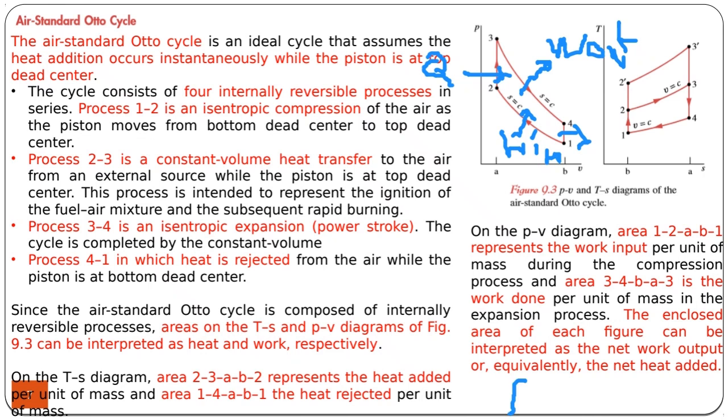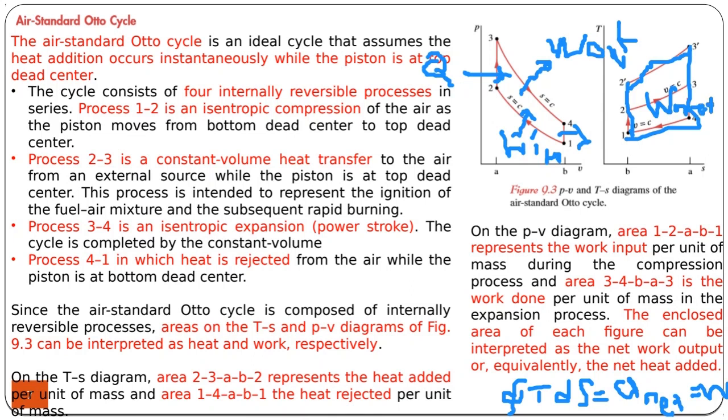The TS diagram integration gives you Q net, which is equal to W net for a cycle. Then we can say that if it's possible to increase the compression pressure, then the net area under this TS diagram is larger, meaning that we have more work, more net work.